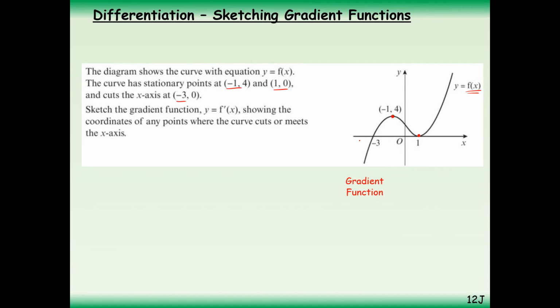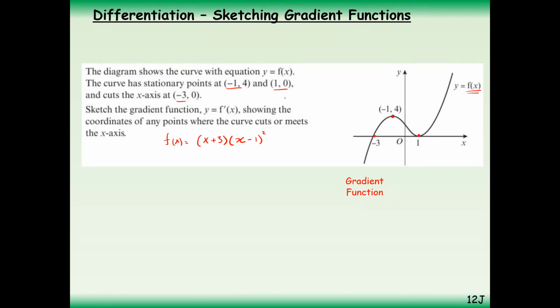And it tells us that it cuts the x-axis at minus 3. So we know this is a positive cubic. If we wanted to figure out its equation, we would have multiplied this out and we could get the equation. But maybe we don't have time for that.